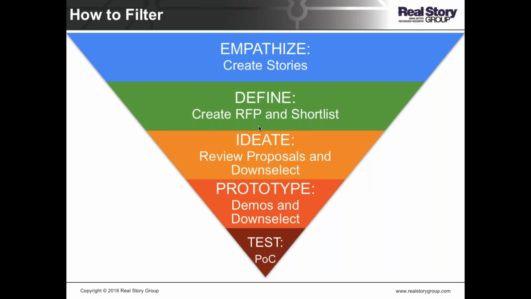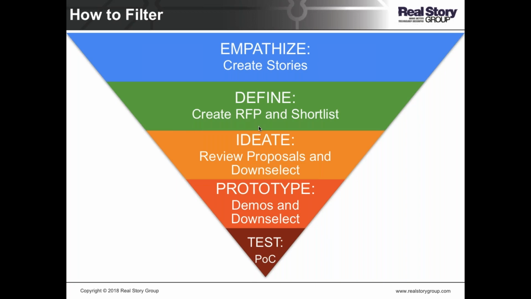So the way we look at this from a selection standpoint, whether it's web content management or any other technology, is first you create stories, which are basically user journeys. Those user journeys can be designers, editors, marketers, end users, customers, prospects. When we're helping people with RFPs, we often even have developer stories, right? Because developers can be key personas in the system. Then you define it by creating an RFP where those stories are the center of that RFP rather than checklists.